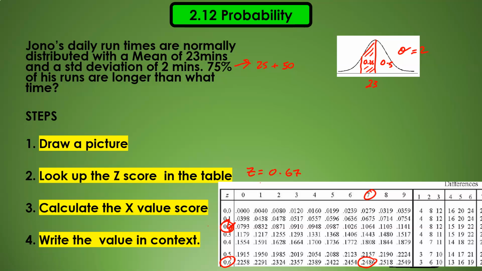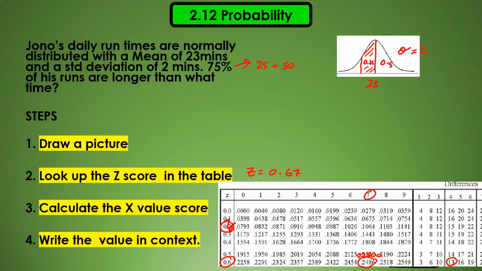So 0.2486 is 14 away from 0.2500. So we've got 14. The closest we can find is 13. If we go to 16, we're going more than 0.25.